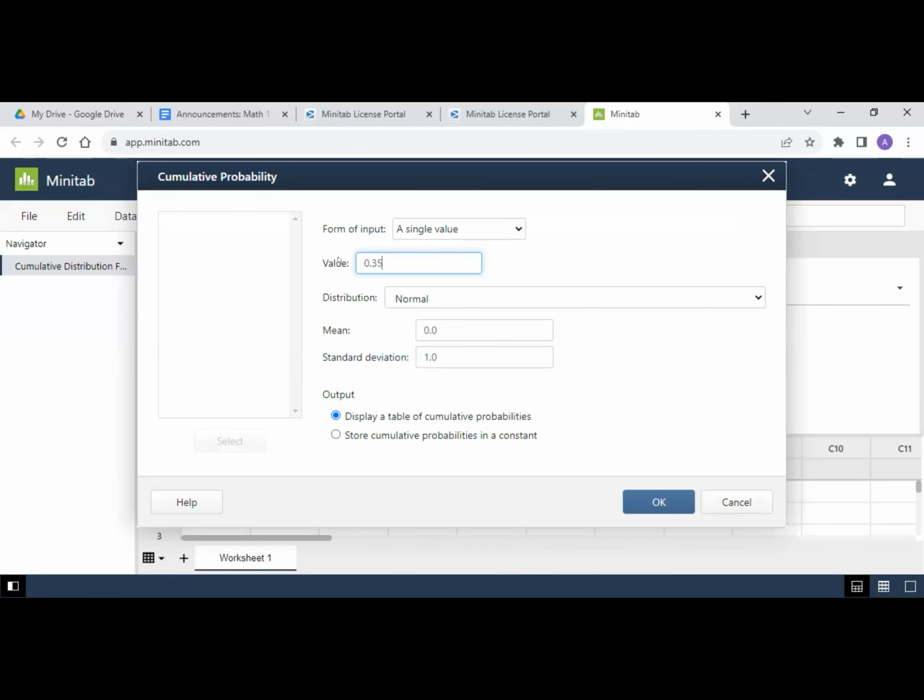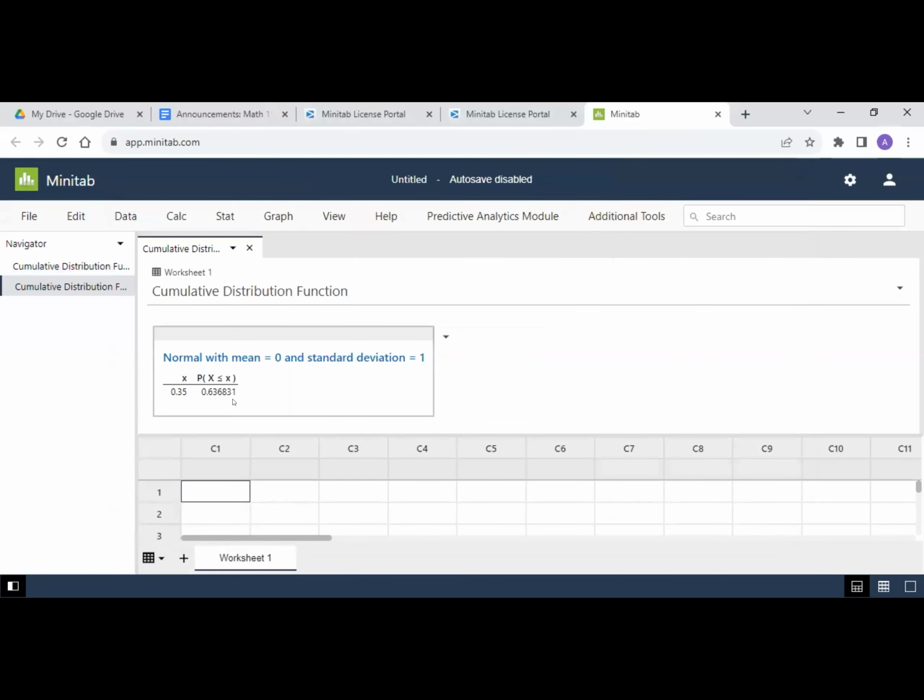So 0.35. So everything you do on Minitab is the same thing that you do for the other questions. We kind of just interpret it differently at the end. So we're going to click OK, and we get the 0.636831. Okay, so everything here just stays the same, even though it's a greater than question. Everything you type on Minitab is all the same.